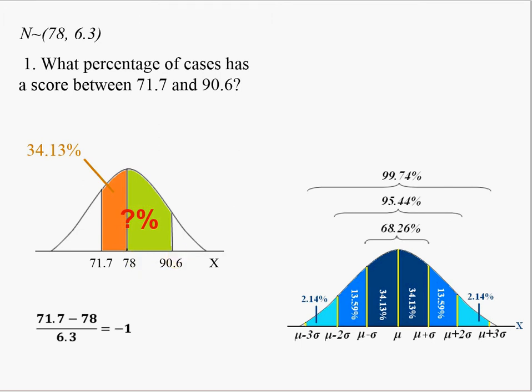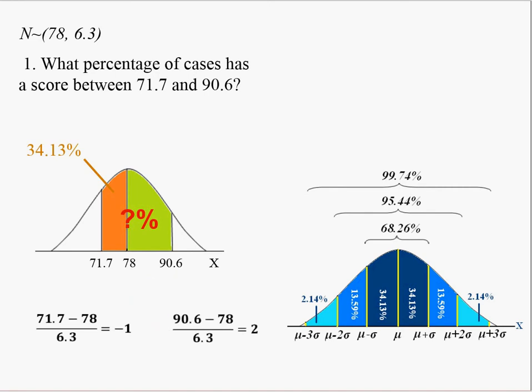What about between the mean and 90.6? Again, we use the same method to figure out how many standard deviations above the mean 90.6 is. We use 90.6 minus 78, divided by the standard deviation. That gives us a positive 2.